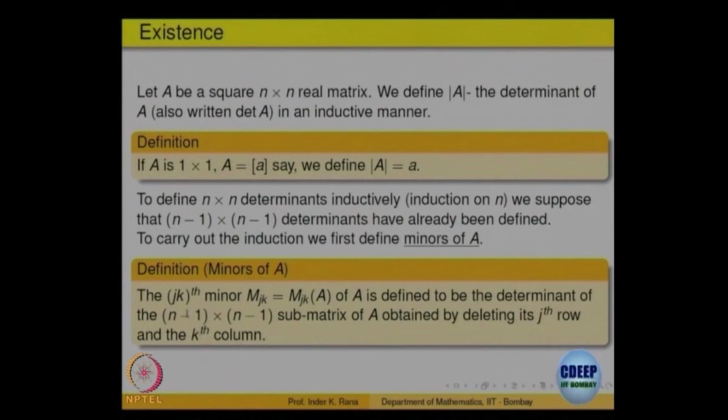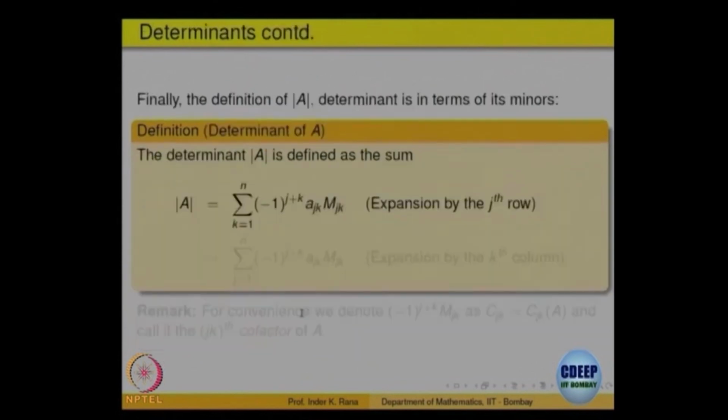So, j kth minor is the determinant of the smaller matrix obtained by deleting jth row and the kth column, right. You get a smaller matrix of lower order, take determinant of that, that is called a minor. Okay. So, in terms of minors, this is how we define determinant.